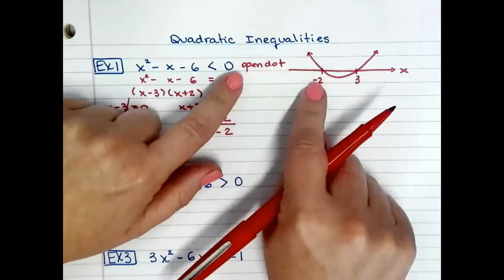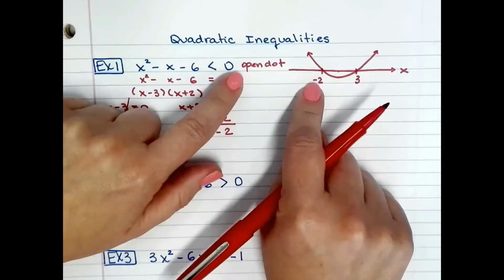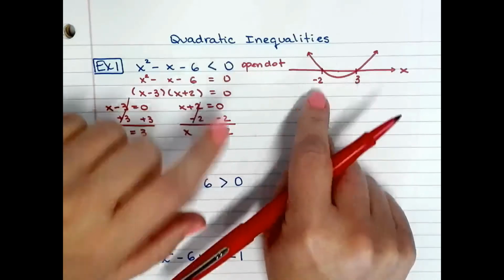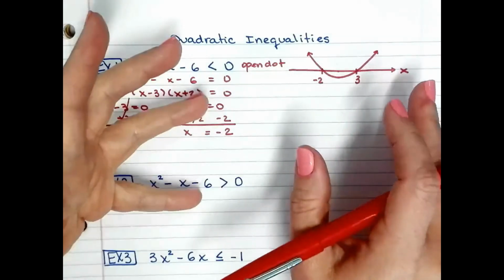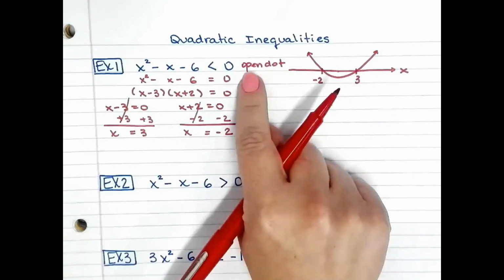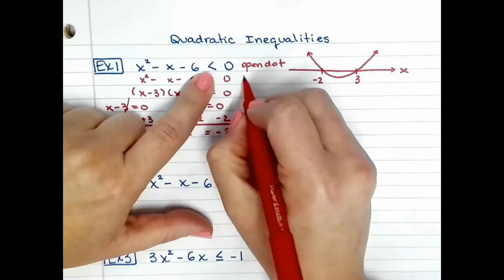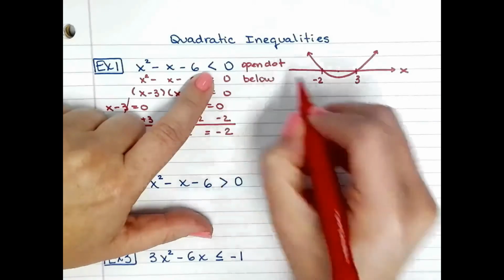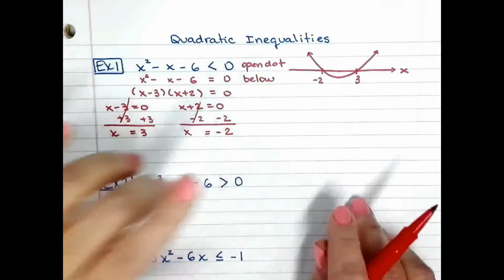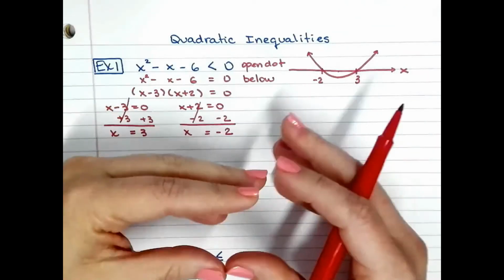So it's greater than -2 or less than -2. But at this point, I don't know yet which one that is. So it will be open dot. And the less than also means I would shade below. Remember when we graphed inequalities? Okay, so now at this point, we're bringing them all together.